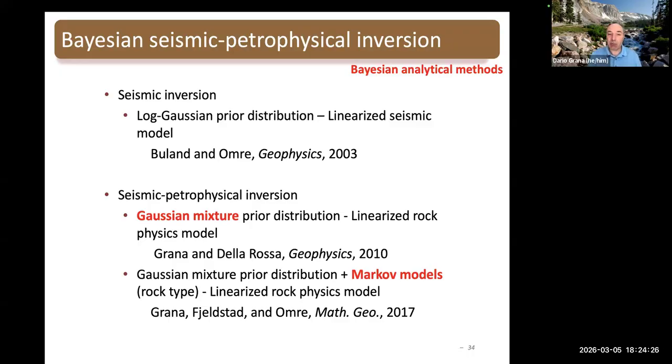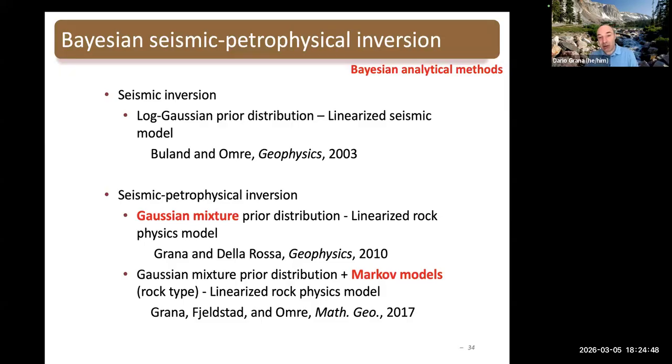In 2010, we published a paper with Ernesto de la Rosa, where we developed a seismic petrophysical inversion, combining seismic and rock physics to predict rock and fluid properties, with a linearized rock physics model combined with Gaussian mixture models. Gaussian mixture means mixtures of different Gaussian distributions with different parameters.